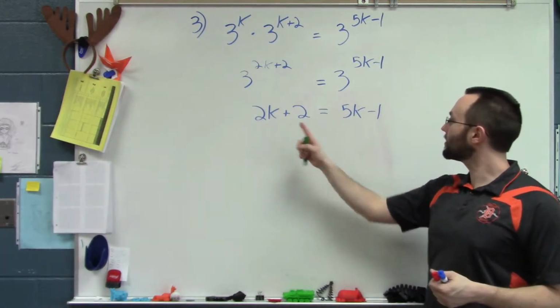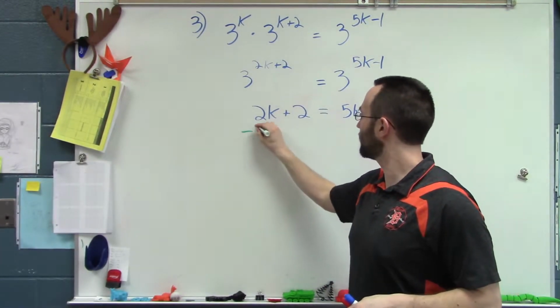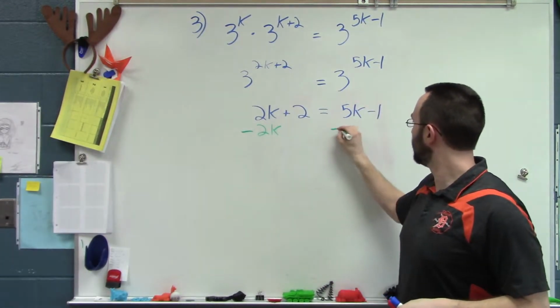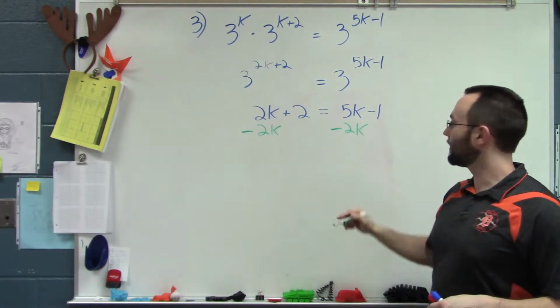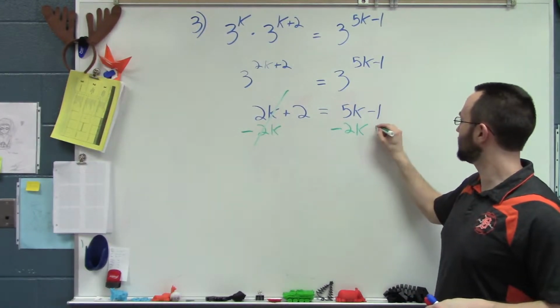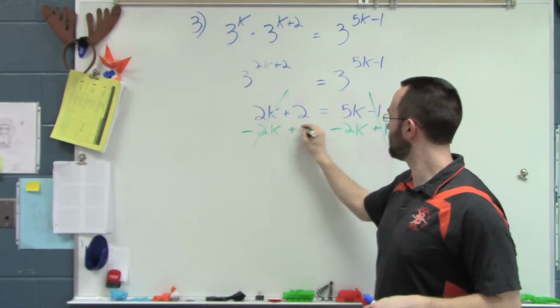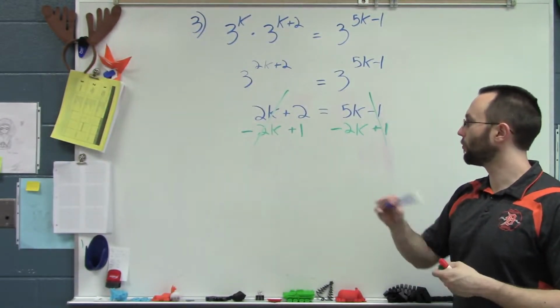I can subtract the 2k from both sides, pick on the little guy there, 2 is smaller than 5. And if I'm moving all of my variables to the right, I can move my constants to the left. So we can add a 1 to both sides. 2 plus 1 will give me 3.